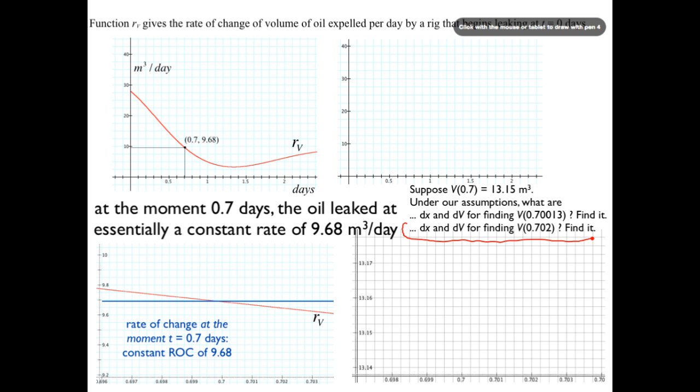V of 0.7 is 13.15 total meters cubed expelled, then what are dx and dV for finding V of 0.702? What would dx be? What would dV be? And then I want you to find V of 0.702 according to the dx and dV that you came up with. Is the task clear? See if you can do it.